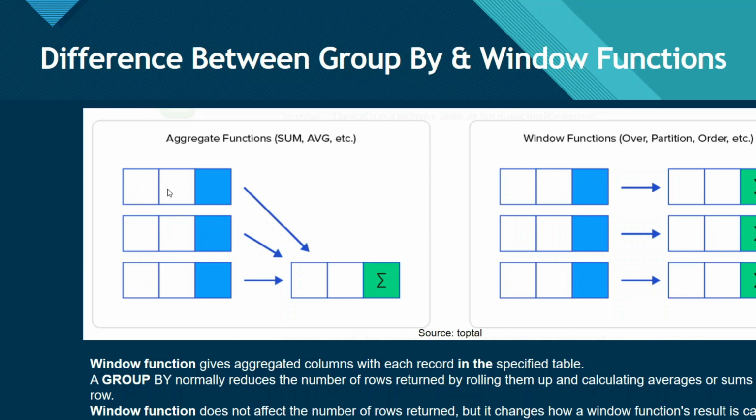Whereas in a window function, the number of rows is not reduced. It will be the same, but on top of it, you can apply the aggregate function and create an additional or new column for each row. So this is where the window function is different from the group by function.